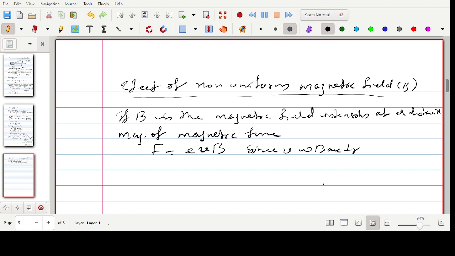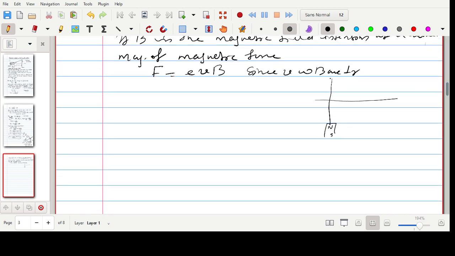If I draw the z direction along this and the x direction like this, and I am keeping a magnet here with north and south pole, here we have south and north pole, and the magnetic field at this point is along this direction.